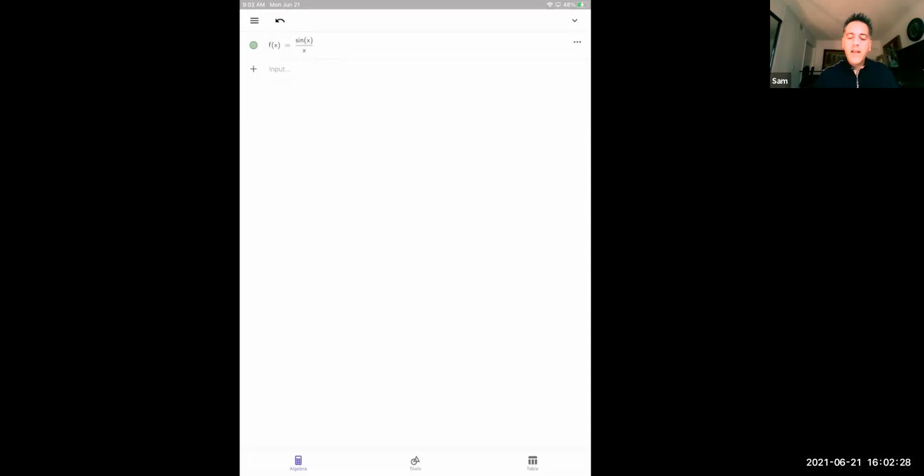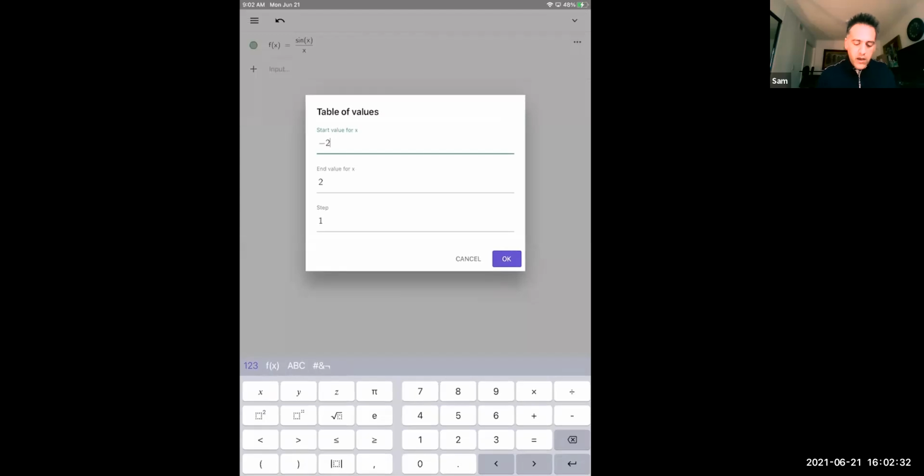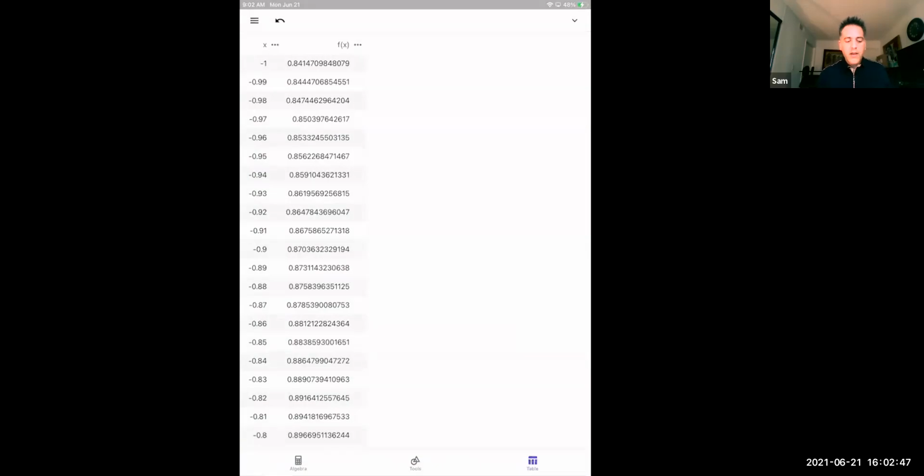So I'm going to ask GeoGebra to do a table of values. Let's go from -1 to 0, and I'll just go by increments of 0.01. So we have two columns here.